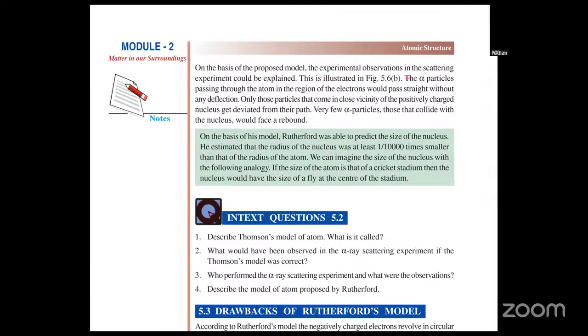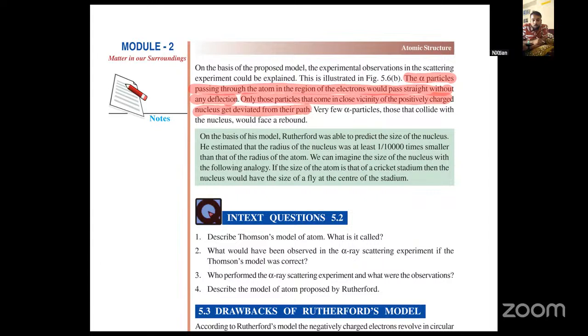This is a very important line. Guys, please pay attention. Only those who come close to the vicinity of the positively charged nucleus get deviated from their path.